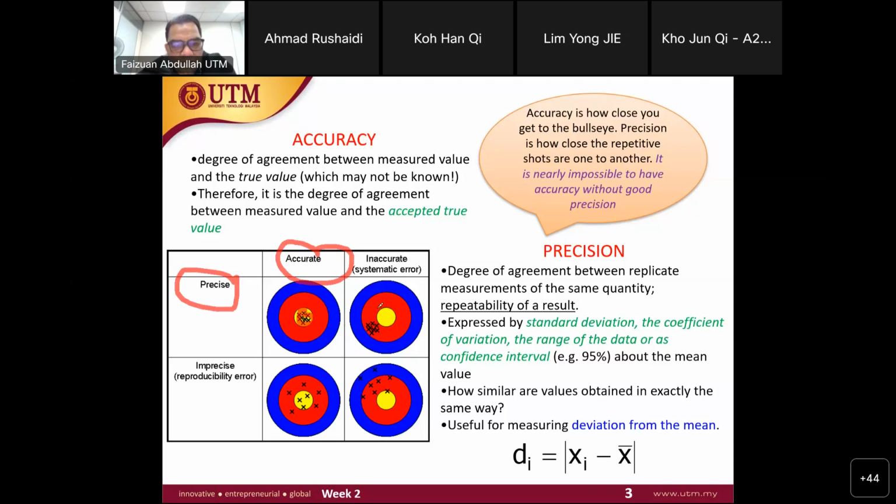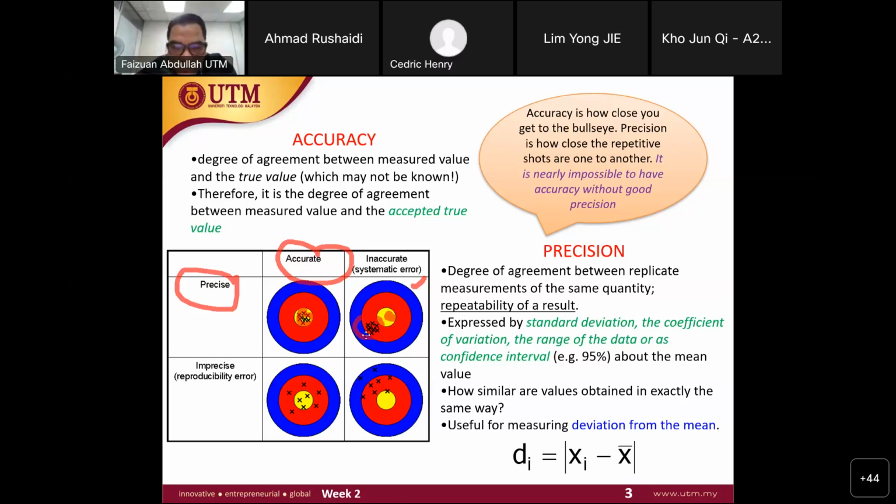Let us look at the second photo. What is your comment about this photo? This is the true value. The result of the analysis of the sample is quite close to the true value, but is it accurate, guys?